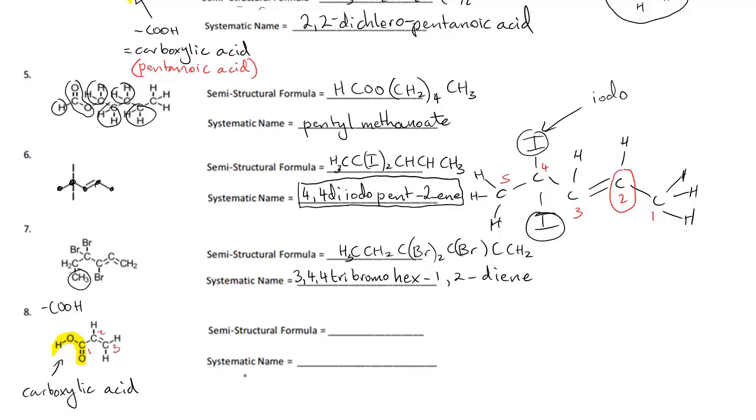So the systematic name would be, we definitely have a pent, no, not pent, pent is 5. We definitely have a propanoic acid. I always leave some space here because I don't know what goes in front. Actually, there's not much that goes in front of this because there are no other functional groups.